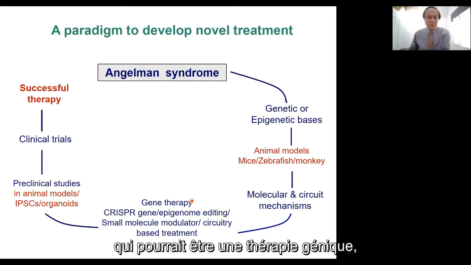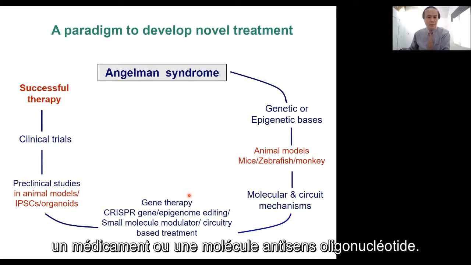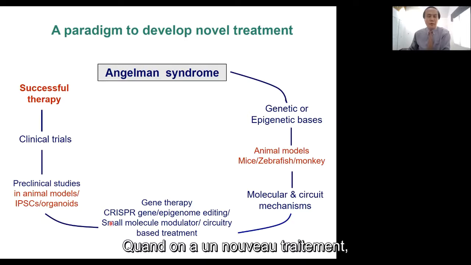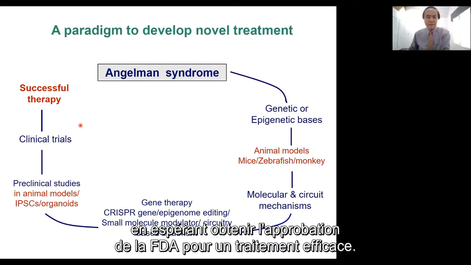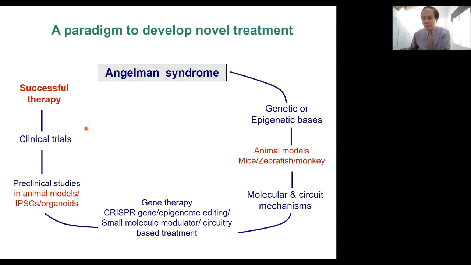It could be gene therapy, a drug, a small molecule, or antisense oligo. When you have a new treatment, you test it in the animal model. If it's successful, then you can move to the phase 1 clinical trial, then hope eventually you get an FDA approved therapy.